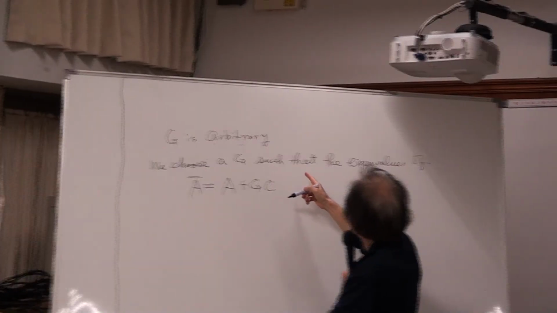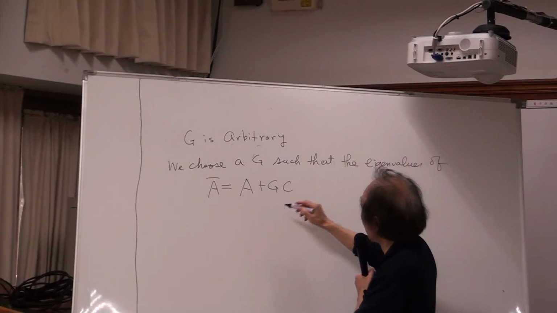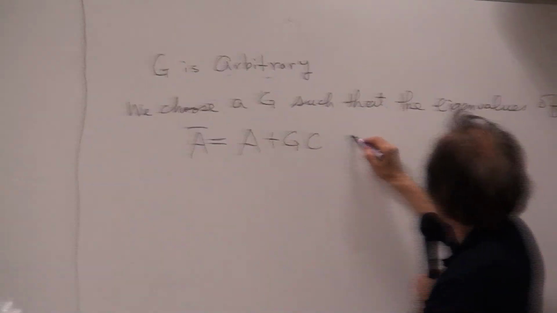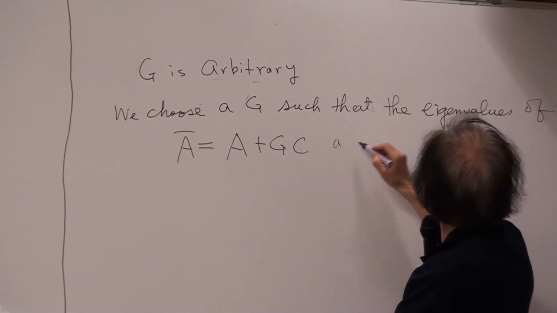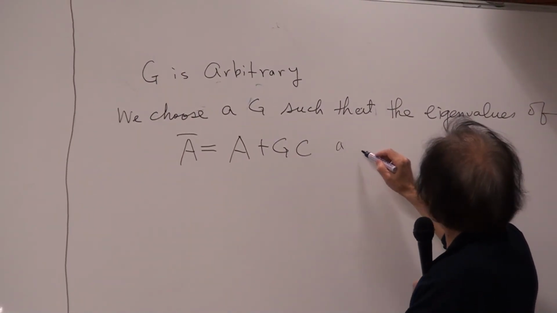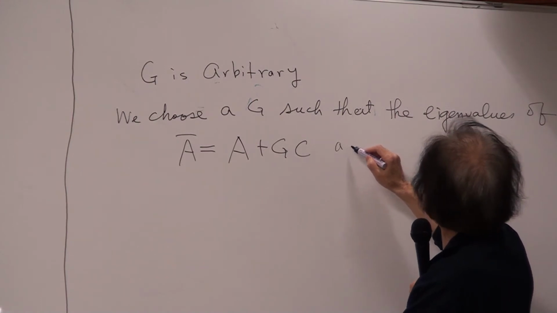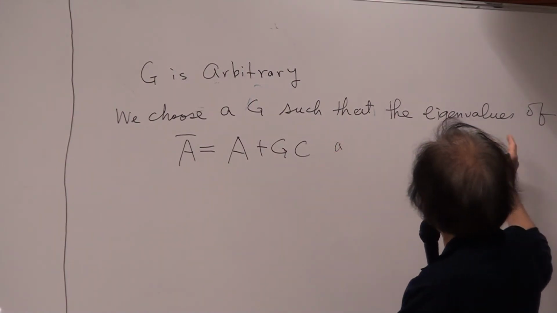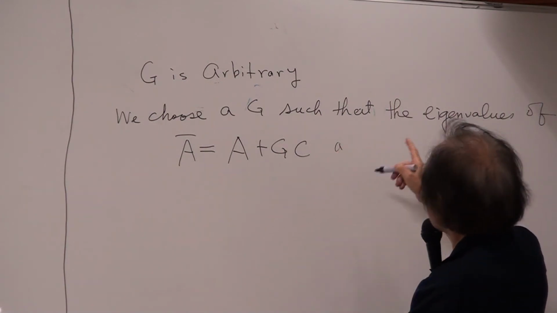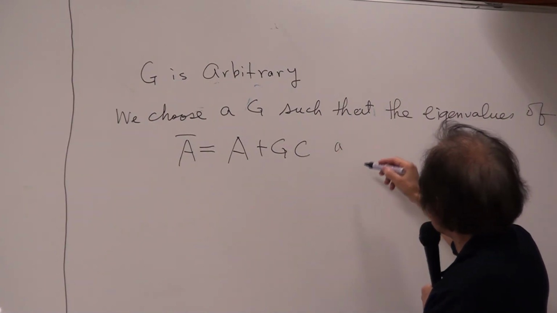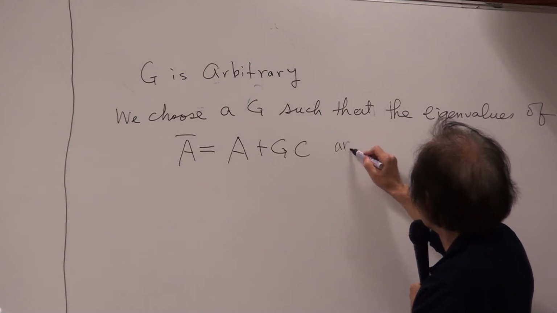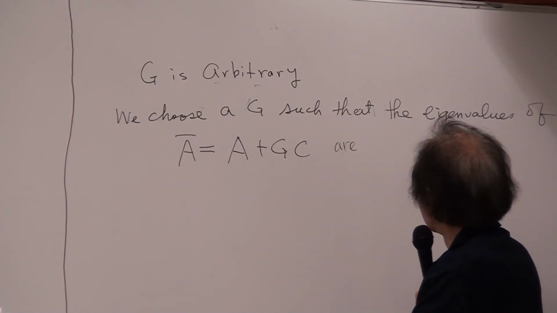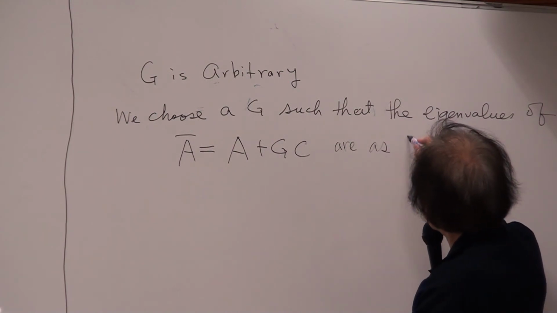We can choose the G such that the eigenvalues of A bar equal to A plus GC are as desired.